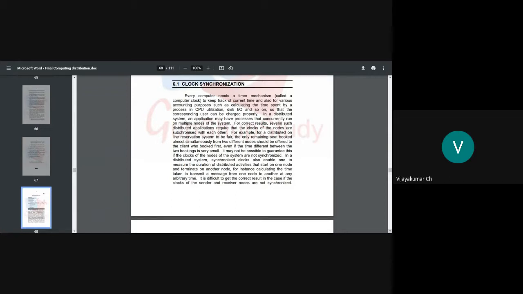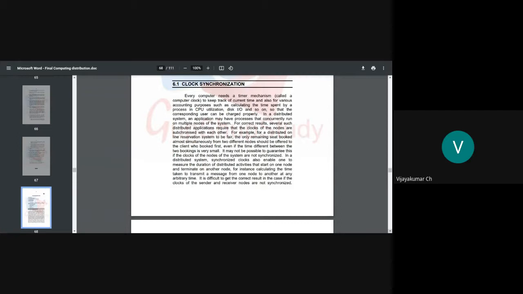For example, calculating the time taken to transmit a message from one node to another at any arbitrary time. One node creates a message and sends it, and another node receives it. This is the best example.